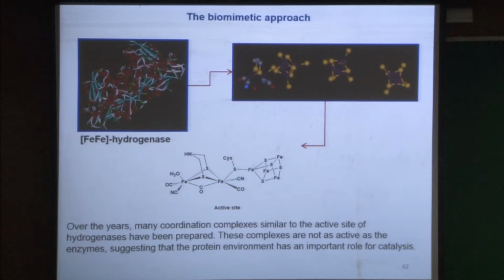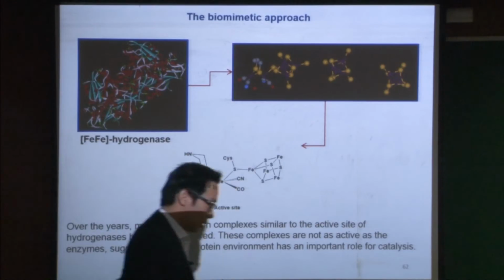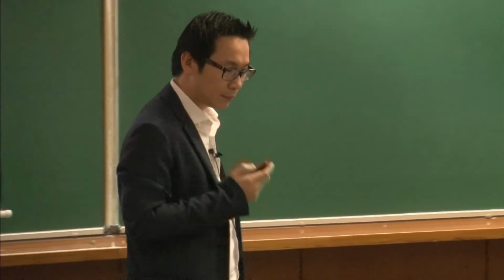A lot of people make models that look like this, and that's fine, but they are normally not really active. This suggests that these active sites need to be in the enzyme to do things. There are other functions, not just the primary active site, but also the secondary and the whole outer sphere environment.